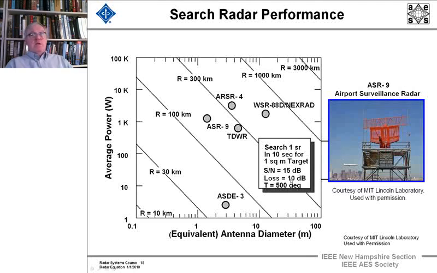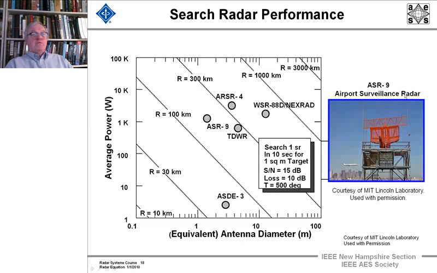The losses are 10 dB, which are reasonable order of magnitude, with a temperature of 500 degrees Kelvin, of course. And we're going to look at, for a number of different radars, where they fall on this chart. And you notice I put down diagonal lines of what the detection range for these parameters would be, given the different powers and antennas.